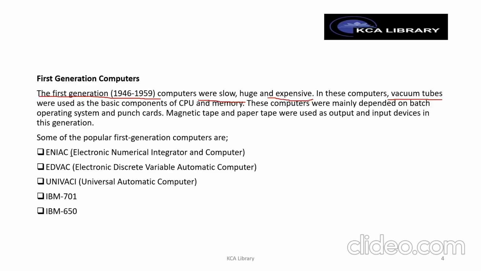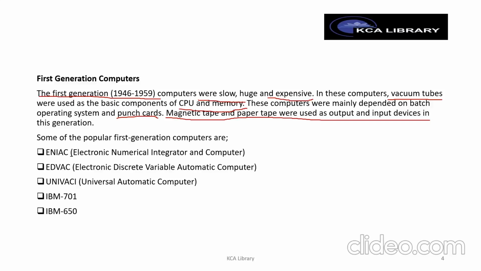These were the base components of the computer which would work as memory and CPU. These computers mainly depended on batch operating systems and punched cards. Magnetic tapes and paper tape were used as output and input devices in this generation.